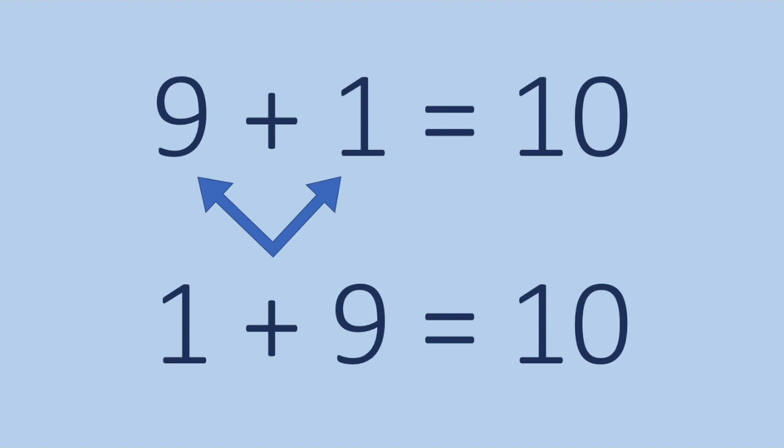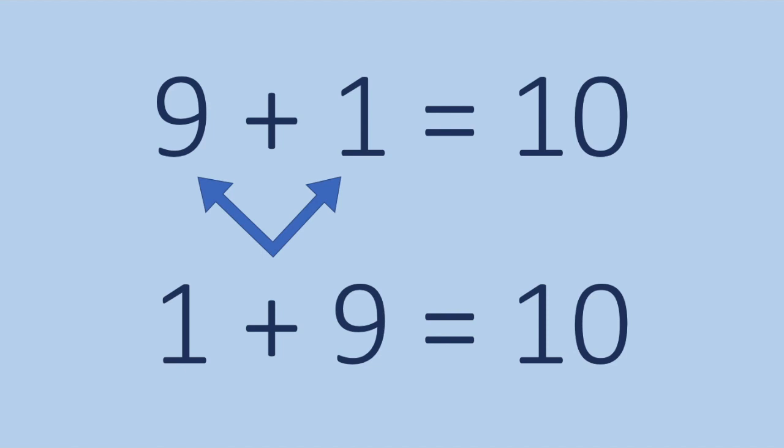Now, if we think of these two addition equations, they also have subtraction equations that go with them. Just like we looked at last week when we were looking at finding the difference between two numbers and how there were addition and subtraction equations, number sentences that go together, we can use this example to find two more subtraction equations. So 9 plus 1 equals 10 and 1 plus 9 equals 10.